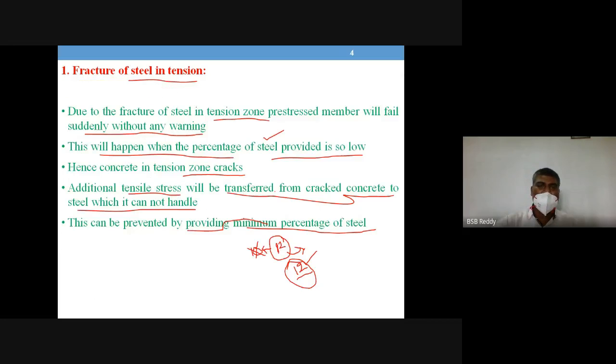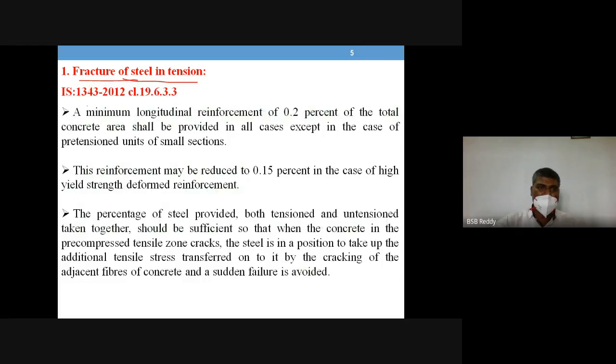That is given by the IS code in clause 19.6.3.3. You can open your IS codes, IS 1343 2012, and go to clause 19.6.3.3. That will provide the information regarding the minimum percentage of steel to be provided.